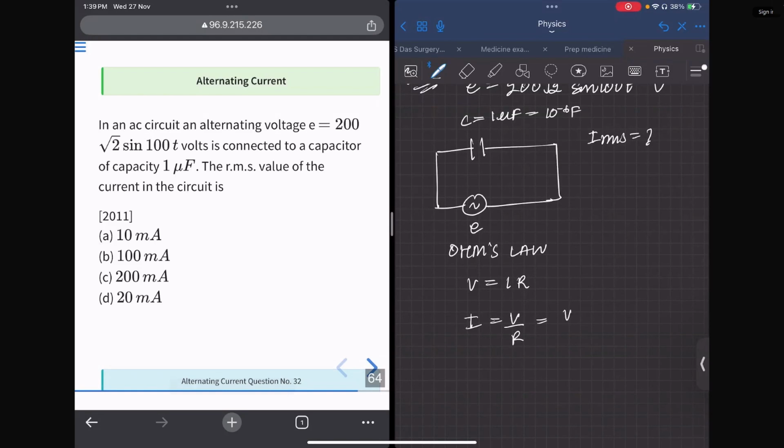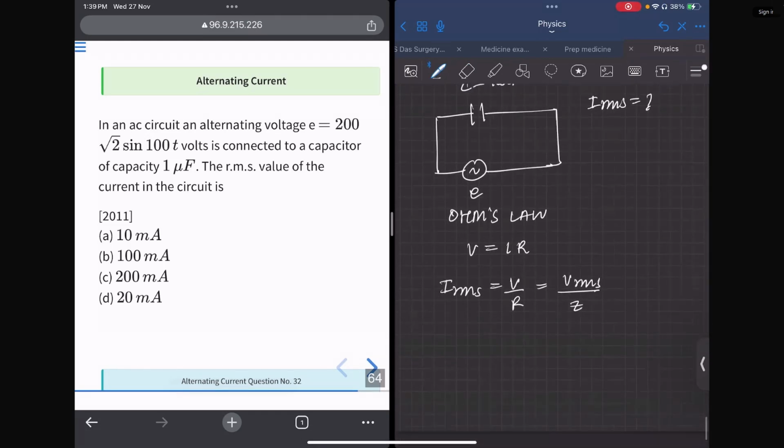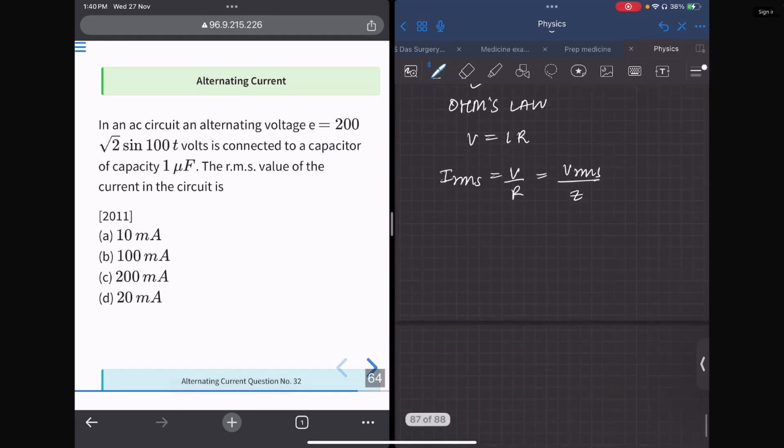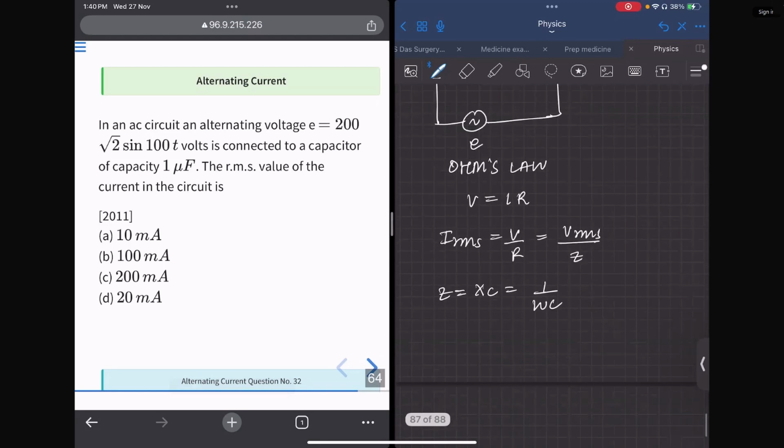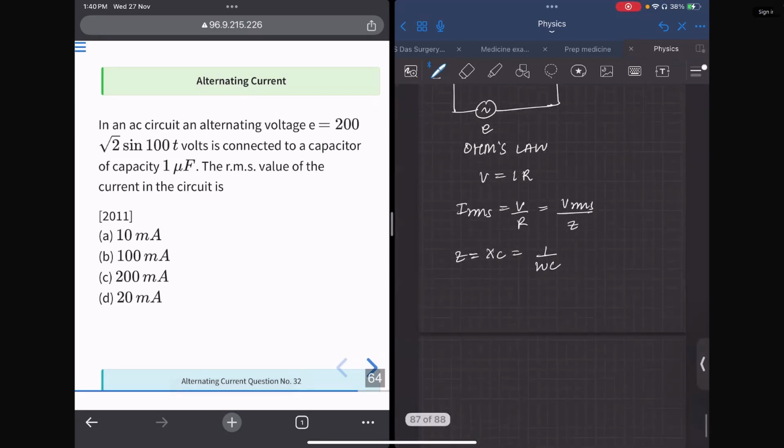But V in this case should be VRMS if we want the current to be IRMS, and R should be equal to Z. So for a capacitor, Z is equal to XC is equal to 1 by omega C. Now E is 200 root 2 sine 100 t.